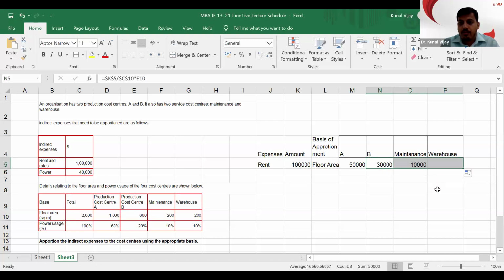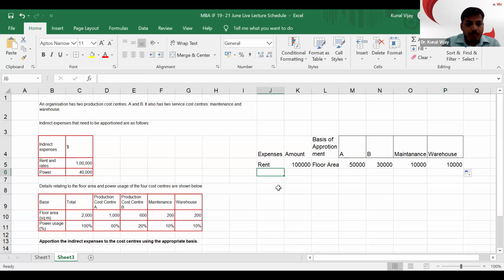And for maintenance and warehouse, I will use the same formula: 1 lakh divided by 2000 multiplied by 200, and 1 lakh divided by 2000 multiplied by 200. And I have all the amount divided into production cost centers and service cost centers.